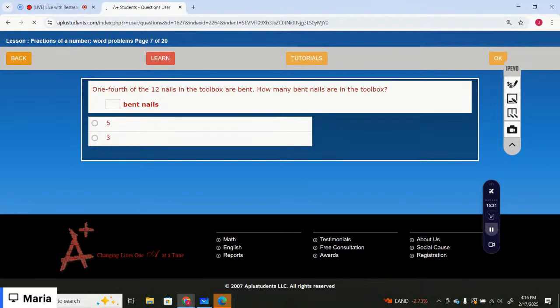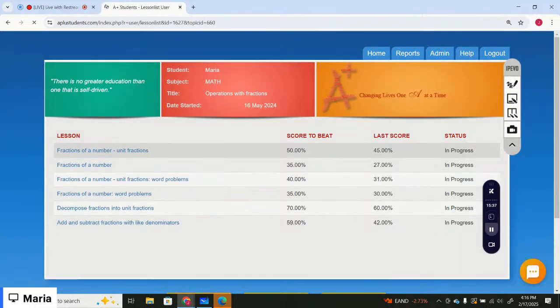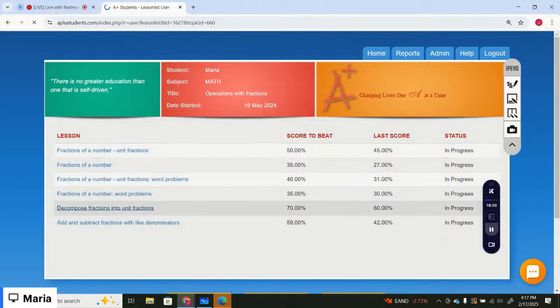The next lesson is decompose fractions into unit fractions.